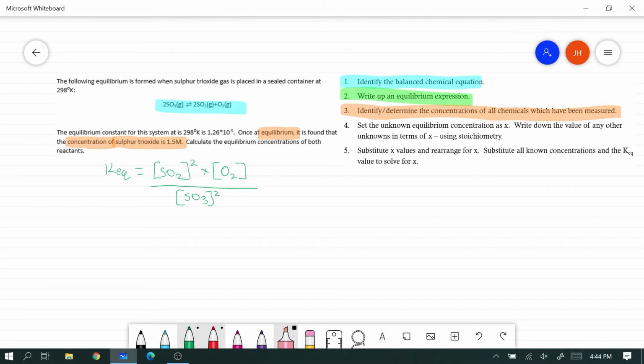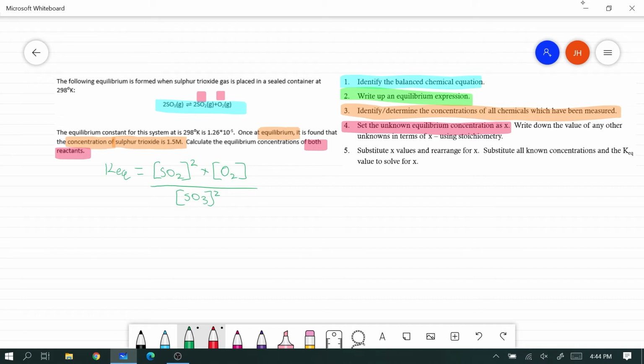The next thing that we need to do is set the unknown equilibrium concentration as X. Now in this question, technically, we've been given two unknown equilibrium concentrations, and that is for both products. So that's our sulfur dioxide and our oxygen gas. When you're trying to find the concentrations of two unknown substances, it's usually easiest mathematically to work with the substance that has a 1 in the ratio of all of our substances.